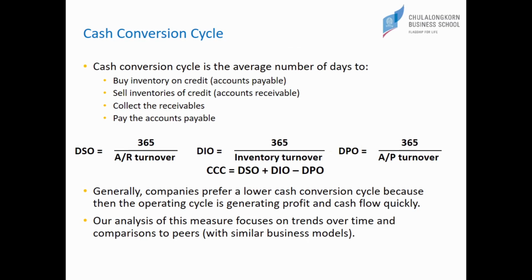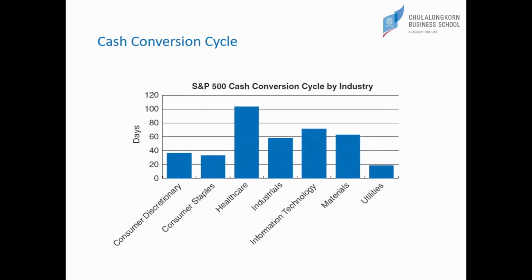So to analyze using this cash conversion cycle, you focus on the time trend, right? And also you try to compare to peers. Okay. So this is the cash conversion cycle by industry within the S&P 500 companies. You see that it differs from one industry to another. Looking at the healthcare industry, for example, it has a cash conversion cycle of over 100 days, which is very, very high, right?